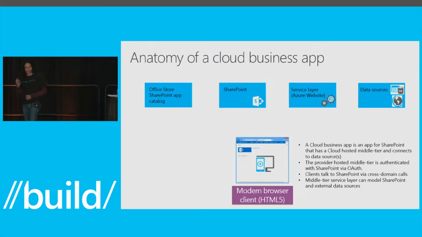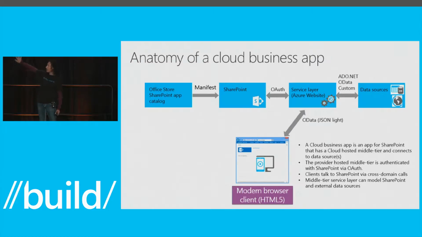And so a cloud business app, you can think of it as just a hosted Azure website, or IIS. It can be on-premise as well. Okay? And what happens is when the user goes to acquire your application, they go to the SharePoint store or the Office store. That returns the manifest that tells SharePoint where the application is. It uses an OAuth handshake between the permissions so that you can give permission for the app to run.